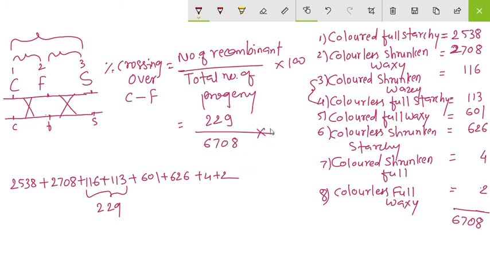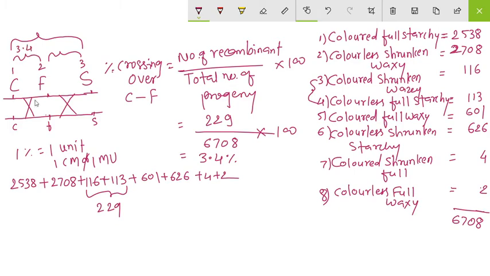So 6708, into 100. So it produces the result 3.4%. Okay. We know that 1% means 1 unit, and that unit is 1 centimorgan or 1 morgan unit. Here the 3.4. So the distance between C and F is 3.4.